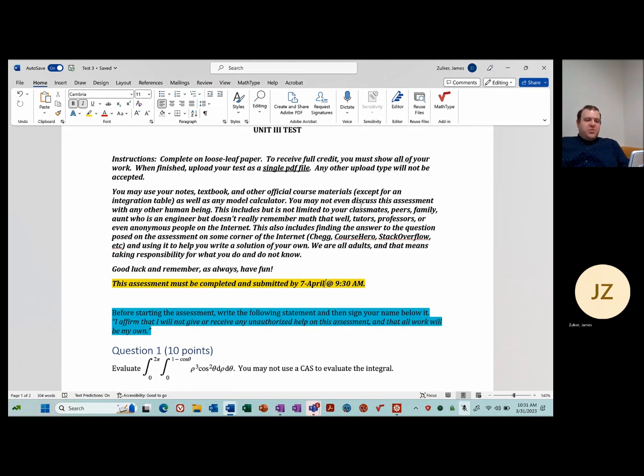It's going to be due before the start of next Friday's meeting. That is the 7th of April. Yes, we do meet on Good Friday. Rowan is not closed. And again, write that statement that you're not going to cheat.